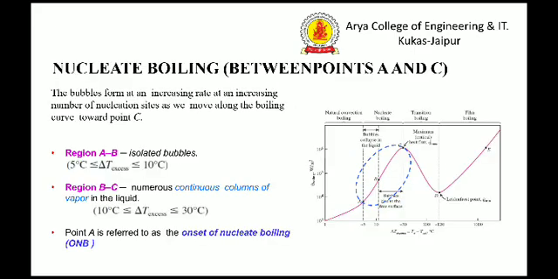Nucleate boiling is between point A and point C. Region A to B has isolated bubbles, at a temperature excess between 5 and 10 degrees centigrade. Region B to C has continuous columns of vapor in the liquid, at a temperature excess between 10 and 30 degrees centigrade. Point A is referred to as the onset of nucleate boiling.